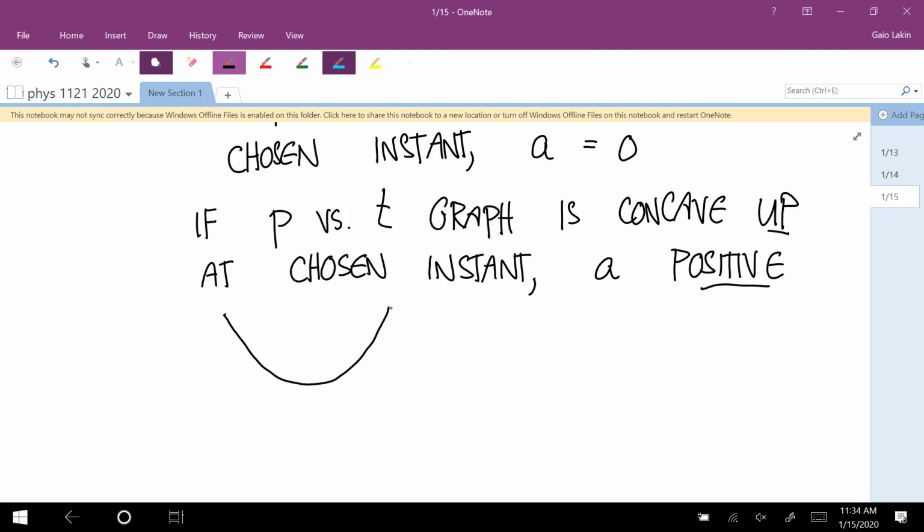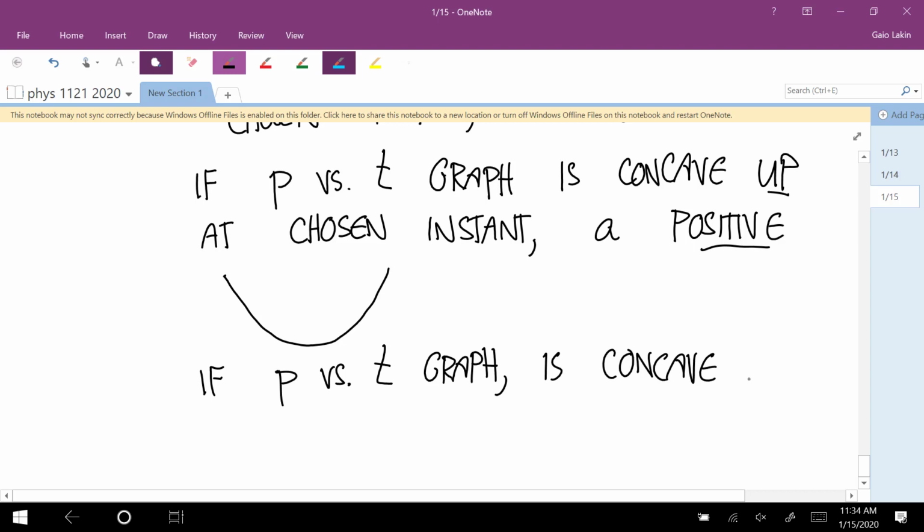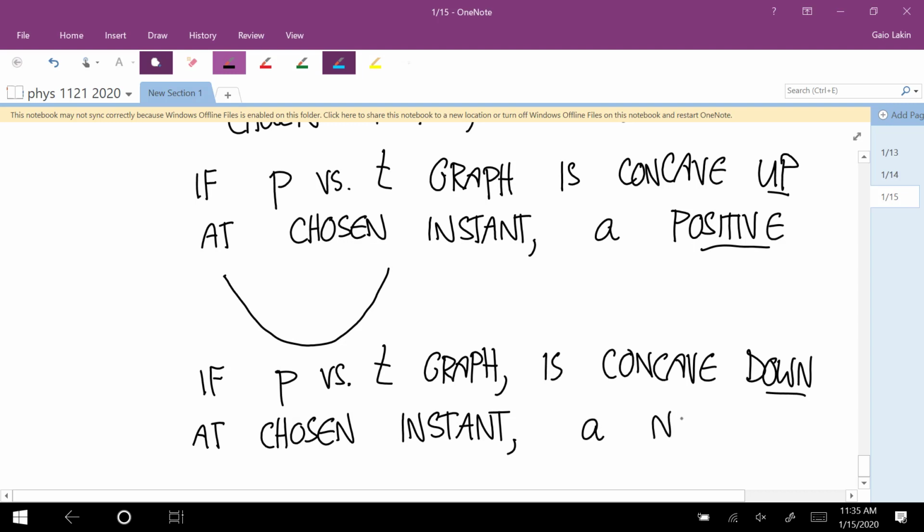It looks like the mouth of a person with a positive mental outlook. And if the position versus time graph is concave down at the chosen instant, then the acceleration is negative at that instant.